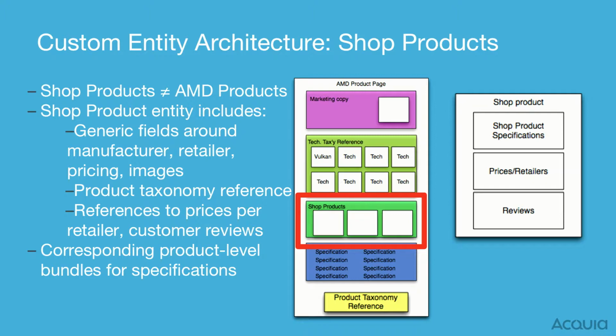So the entity includes some generic fields: who makes it, the number of retailers, the lowest price, the highest price, and the image for this product. So it's common stuff. And there's a taxonomy reference for the actual AMD product, so you can tie it together and show it on a page for an AMD product.